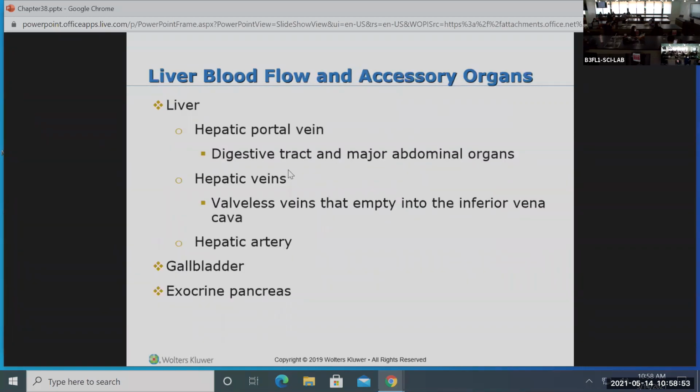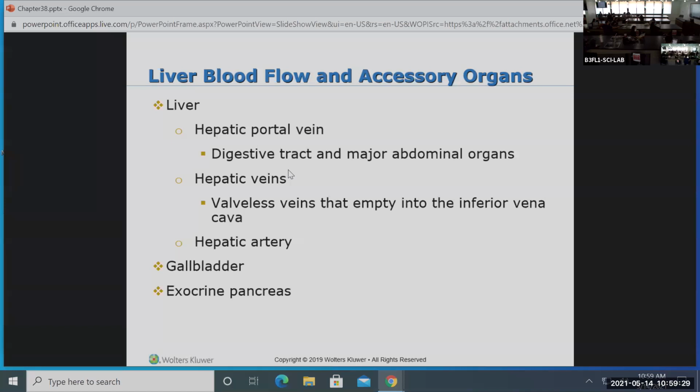Now, liver, blood flow, and accessory organs. For the blood supply, the liver receives the hepatic portal vein. From where? From the digestive tract and major abdominal organs like my spleen, like my pancreas.